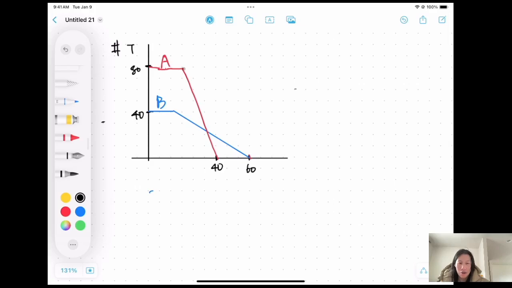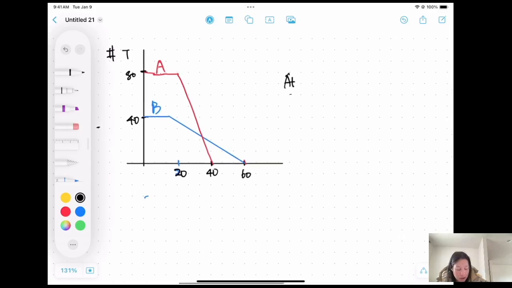So in here you might be able to see that at that point, when t equals 20 seconds, let's look at graph A. At 20 seconds, there is still a turning point, and the velocity was 80, 80, 80 until 20, and then the velocity is decreasing. So that means at the time t equals 20 seconds, the brake starts.